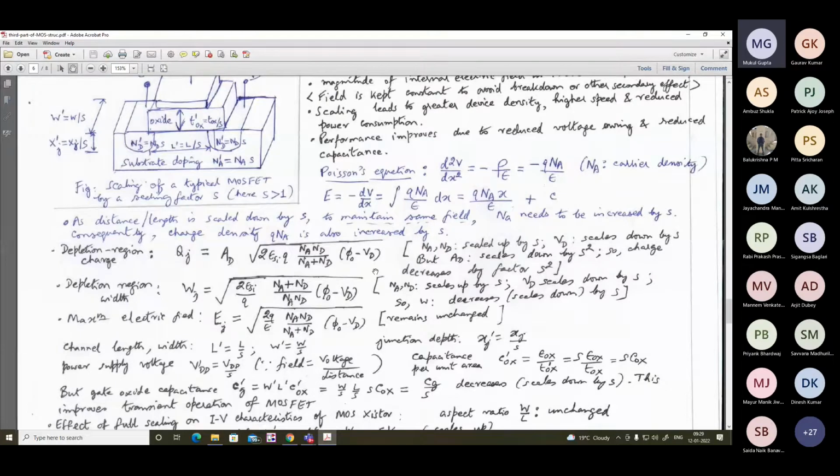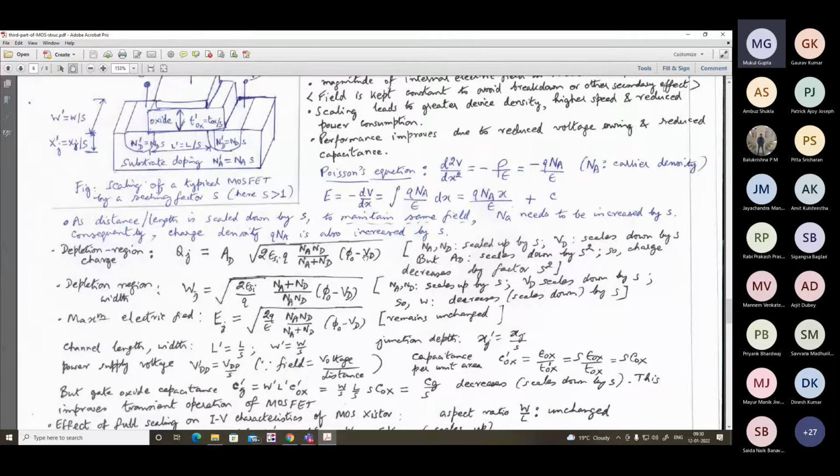In order to maintain constant field scaling, the voltage is also coming down. X goes down by S, the voltage also comes down because of dV by dx. So within the square root, the voltages are getting down by S, and this is going up by S, and the product of two doping densities here, in the denominator a single doping density. So within the square root symbol, there is no change.